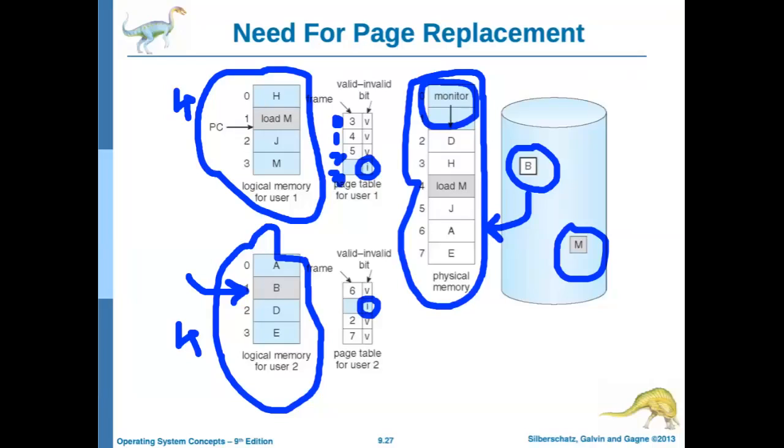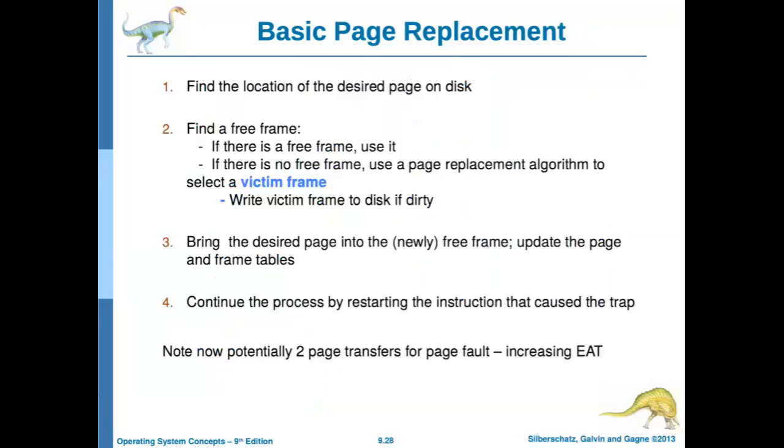Now there are so many questions. If I want to load B into the memory, which page should I take out of main memory? Whether it should be from the same process or from another process. Those basic page replacement things are required.